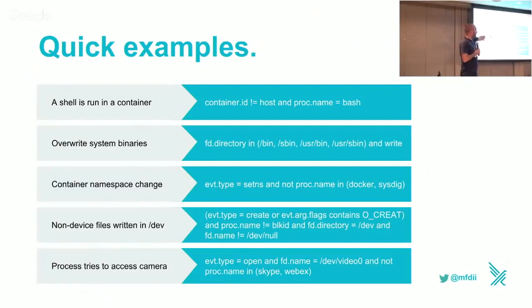This is similar to the rule we saw before, but a little shorter: fd.directory in that list and write. Somebody's tried to change the namespace of a container. So somebody's calling the system call setns, and it's not in the process name of Docker or Sysdig. We say Docker or Sysdig are allowed to make those changes, so anyone outside of that list, this rule would fire.